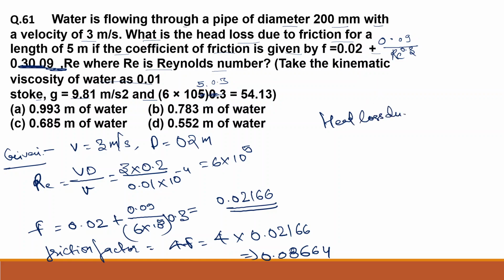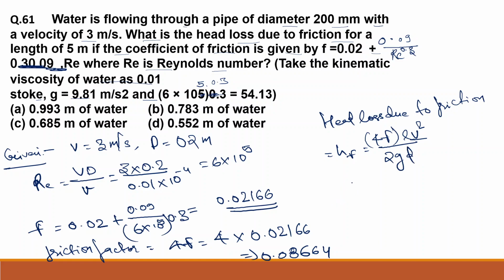Head loss due to friction. HF is equal to 4F L V square upon 2gD.